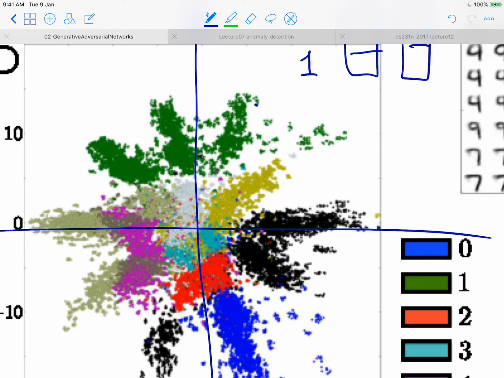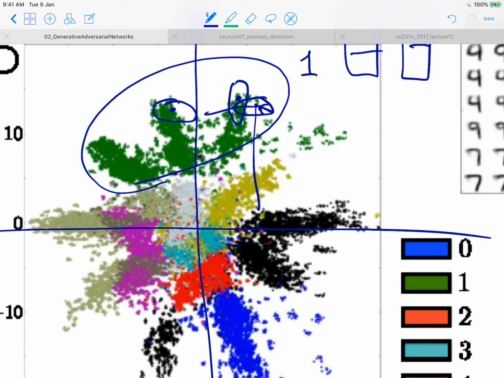So in this case, if we have 10 different classes, like MNIST digit images, and the first digit is maybe 0, and 0 has like 50 different samples, their corresponding mean and variance values will be like this. All these green values correspond to the digit 1, and this guy is the digit 2, maybe 3, and so on.